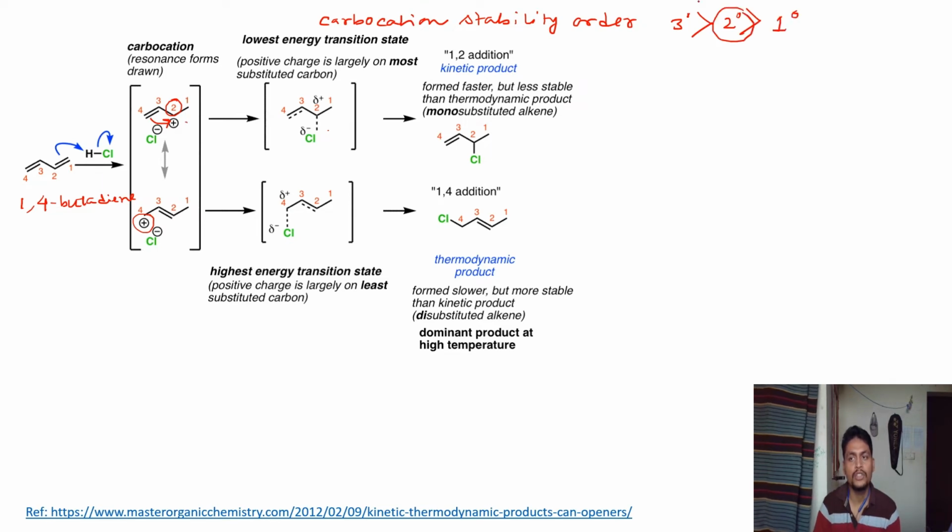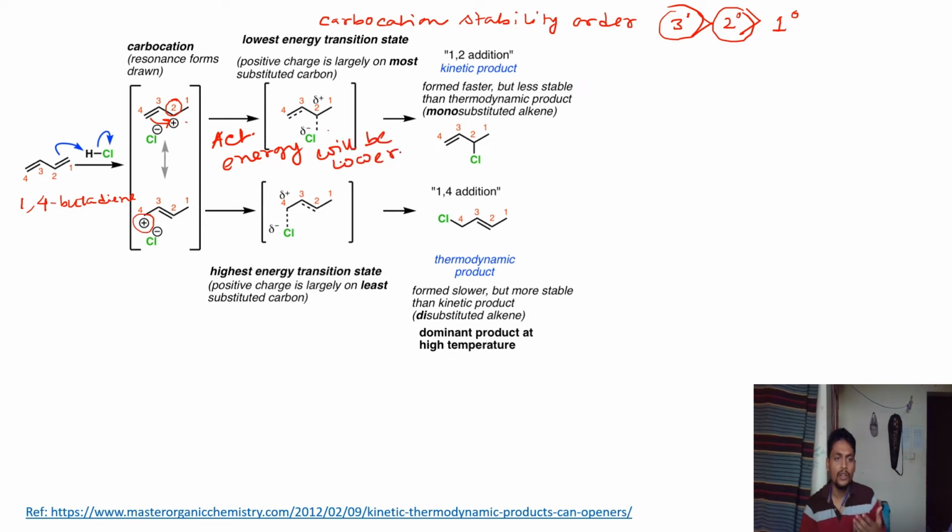So whenever it is more substituted, the stability is higher. In this case, one is 2 degree, one is 1 degree. That means obviously it is higher. So the activation energy will be lower because the intermediate, the transition state, is much more stable in this case, and their E act is higher, and their E act is somehow lower.